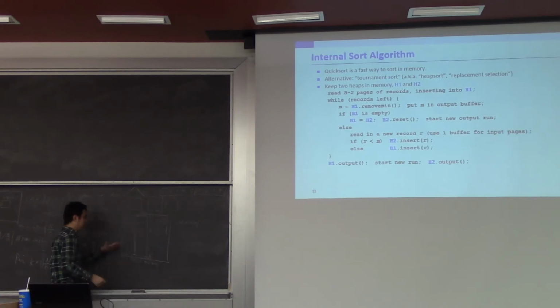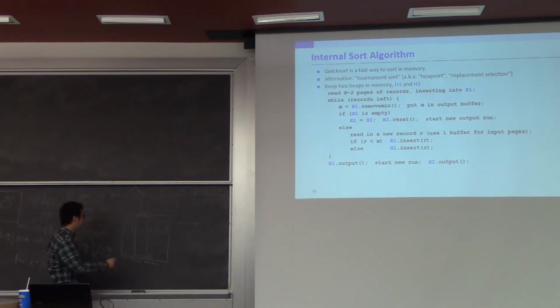So this is how the configuration initially looks. Initially you bring in as much data as possible, insert it all into the first heap, the H1 heap, and you make the second heap a zero size one.